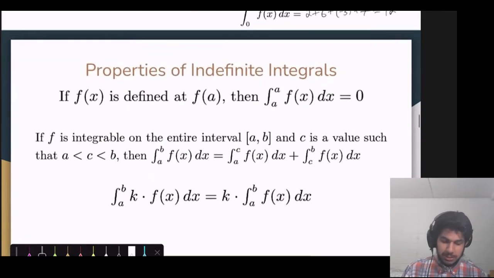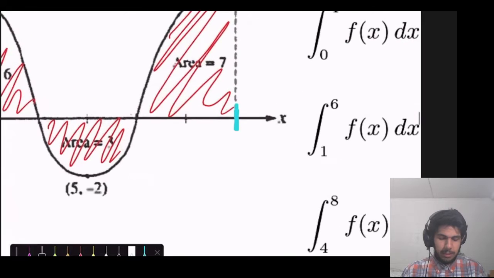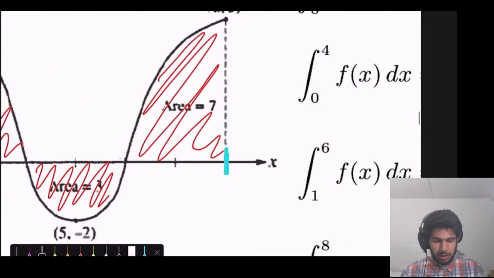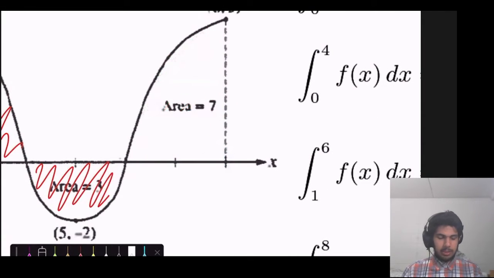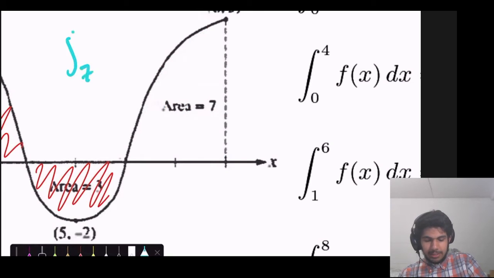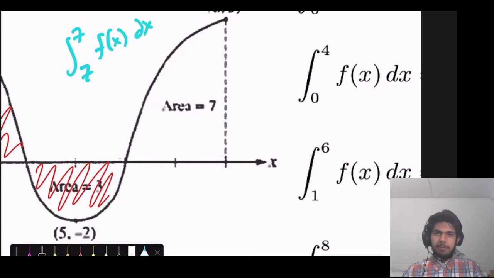Let's look at some properties of definite integrals. If our function is defined at some point f of a, then the integral from a to a of f of x equals 0. Let's take a moment to think of that pictorially. So let's say I want the definite integral from 7 to 7 of f of x dx in this graph.